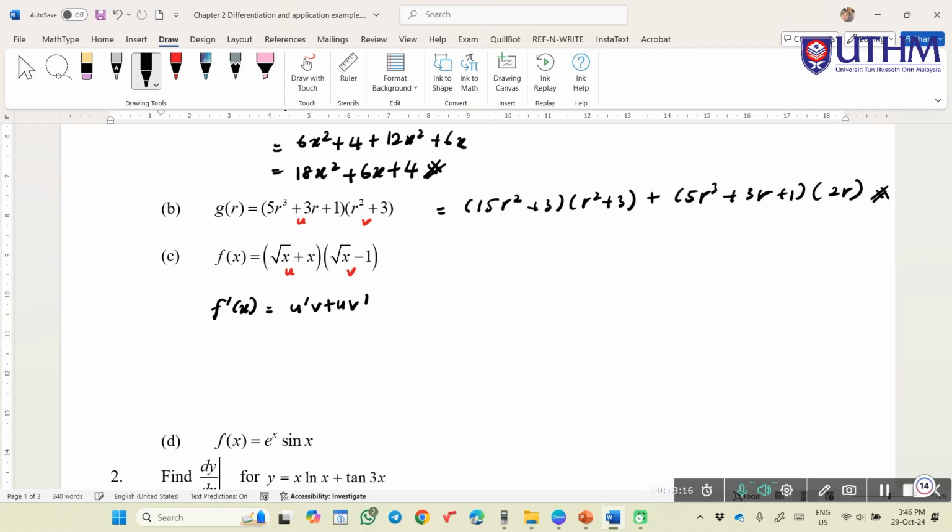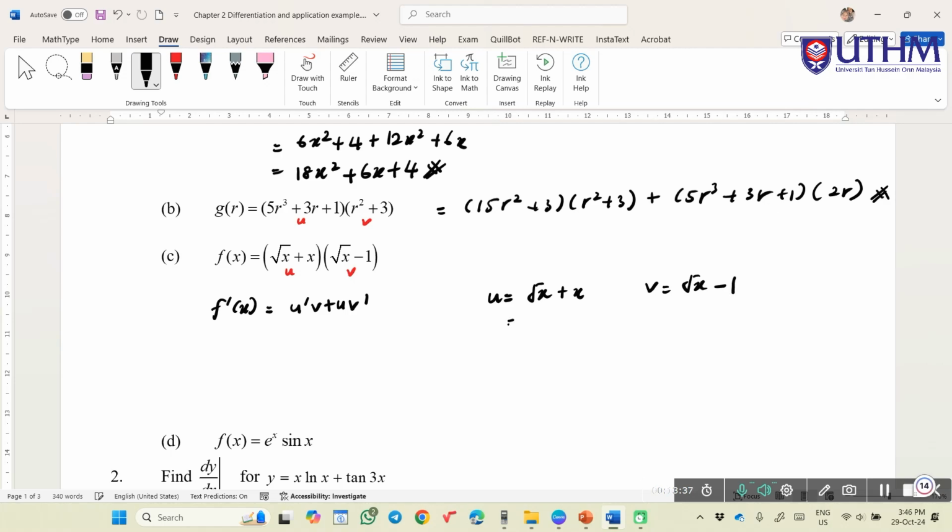But now we need to find u prime and v prime before we substitute into the formula. So u is square root x plus x, and v is square root x minus 1.